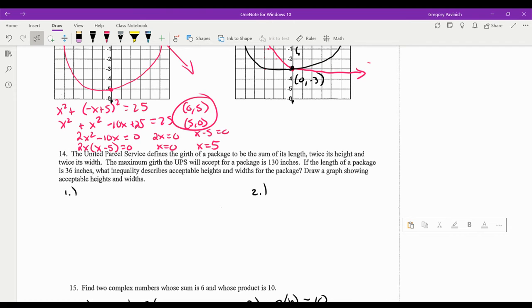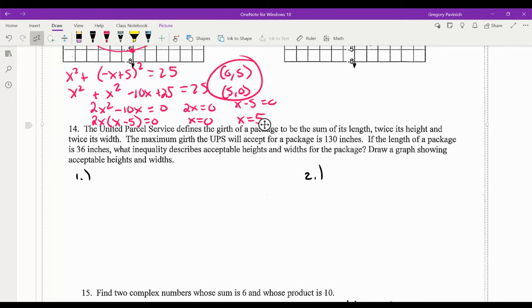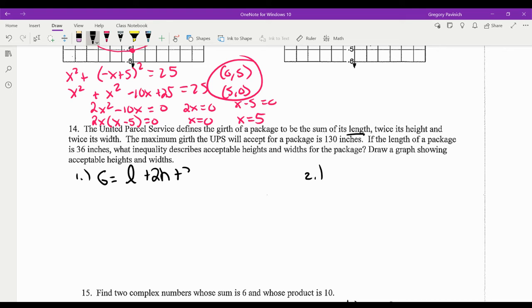Okay, so my next one is my packages. So it says the Postal Service defines girth of a package to be the sum of its length, its height, and 3 times its width. There's one. It says the maximum girth UPS will accept is 130 inches.